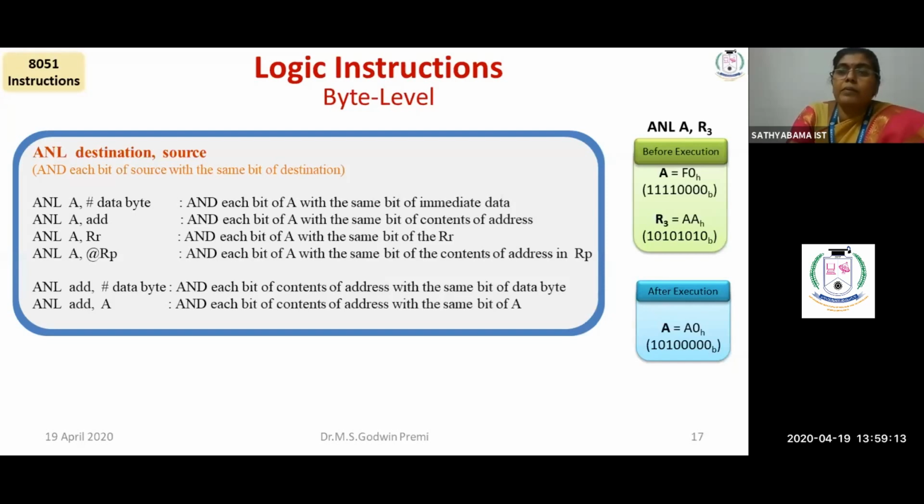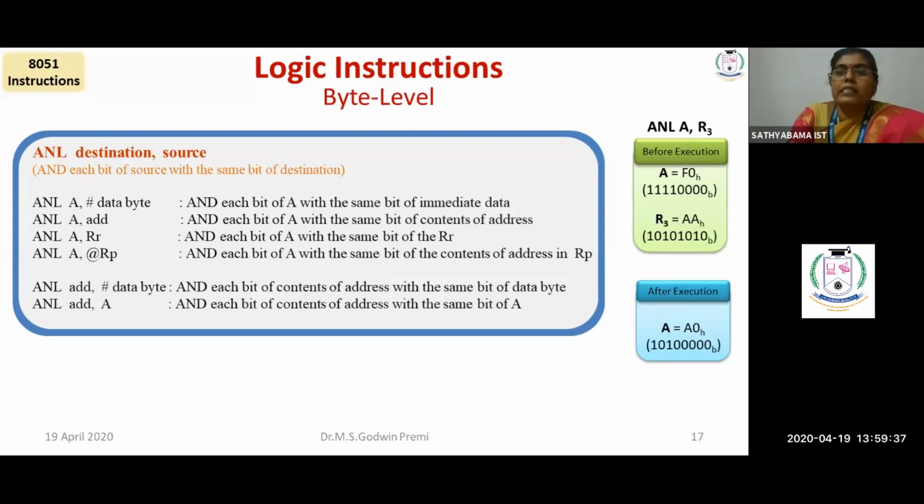Bit 0 to bit 7 are present in the source operand, and the destination is the accumulator. There also bit 0 to bit 7, then bit 0 of source and bit 0 of destination will be logically ANDed. As we have studied in the arithmetic operations, the source operand has the same 4 sets: immediate data byte, direct memory address, register bank registers and the pointing register. Then ANL represents the logical AND, A comma hash data byte.